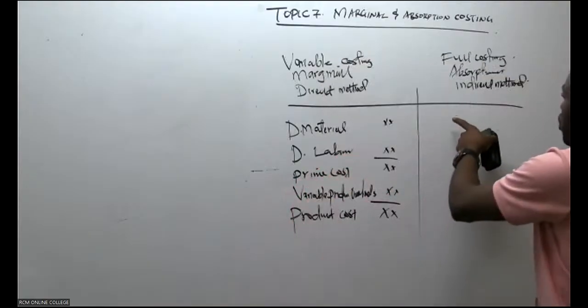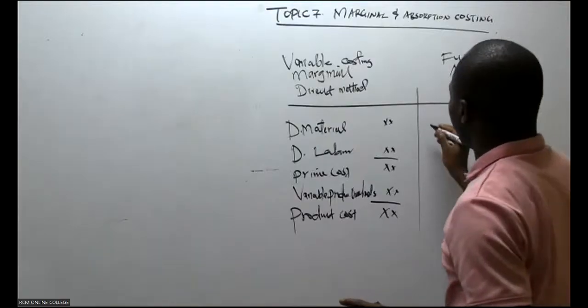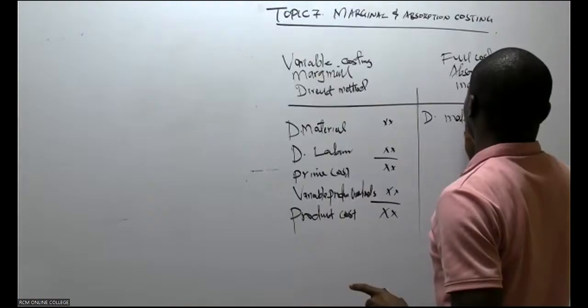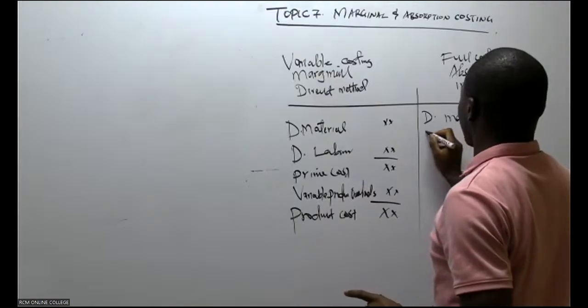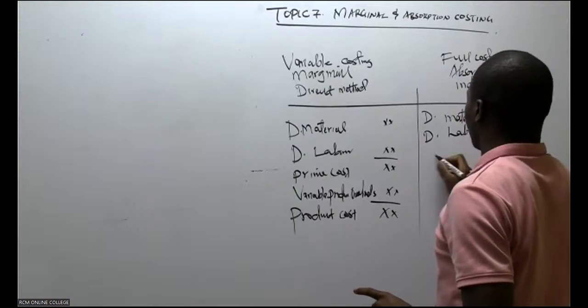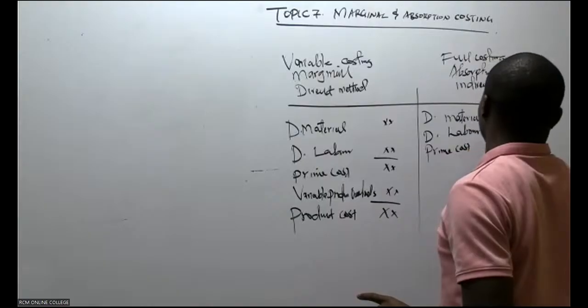When we come to absorption, full costing or indirect method, we have to get to the prime cost: direct material, direct labor, then we have our prime cost.